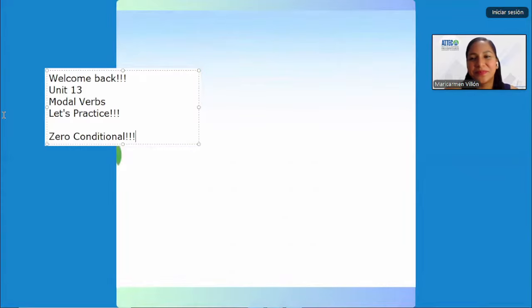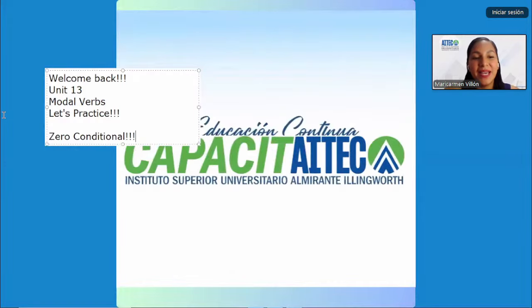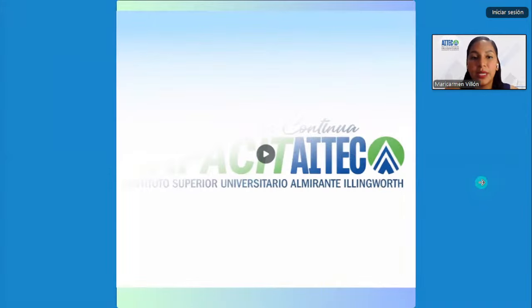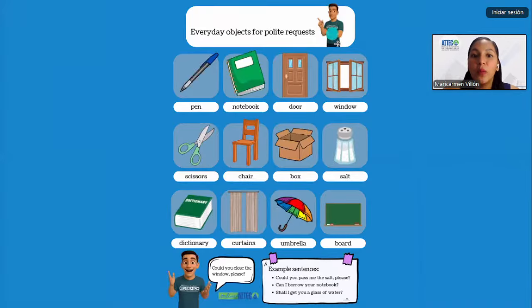All right. So, as you heard, welcome back, my friends. This is Unit 13, where we are going to be practicing modal verbs. So, let's practice also zero conditional. Look at this. We always start with vocabulary, right?